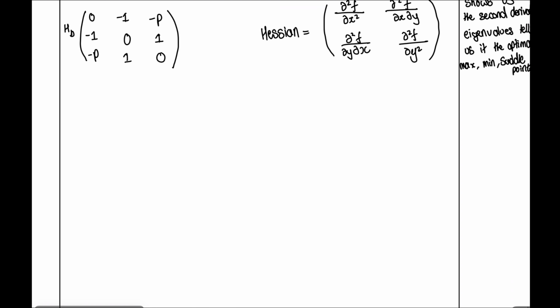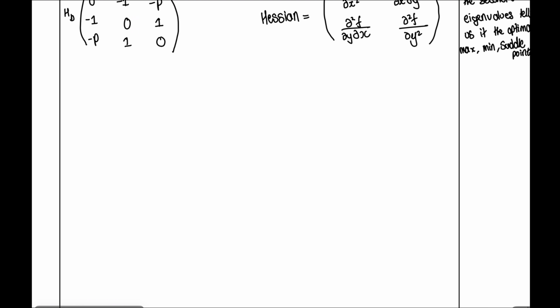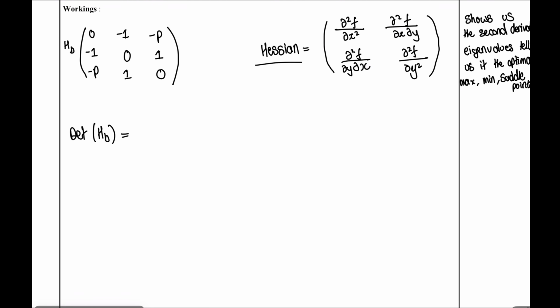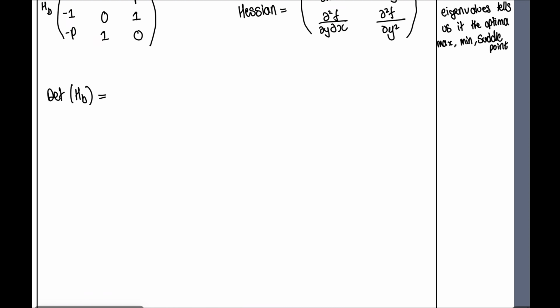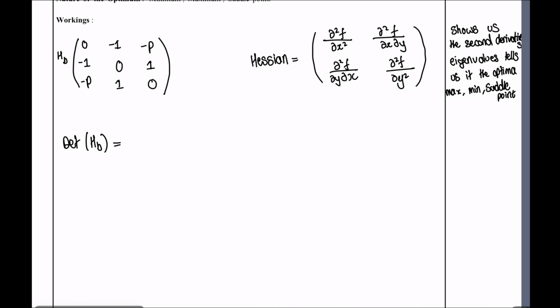Cool. In order to determine whether the nature of the optimum is a maximum, minimum, or saddle point, we will have to work out the determinant of the bordered Hessian. With the normal Hessian, you looked at eigenvalues. With the bordered Hessian, you look at its determinant. To work out the determinant of a 3x3 matrix, we can pick any row.